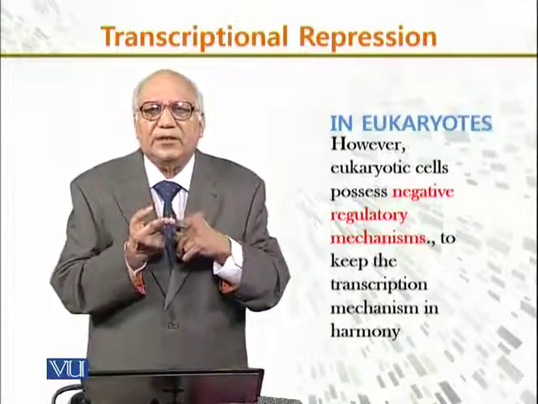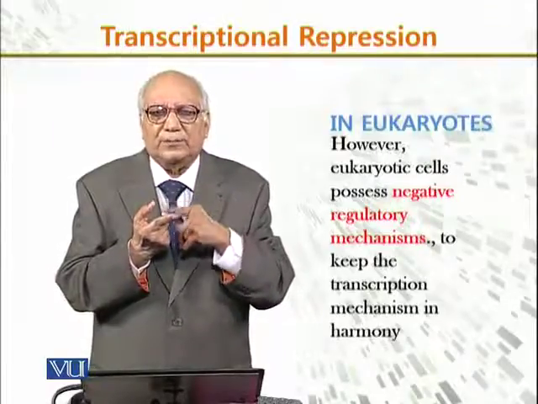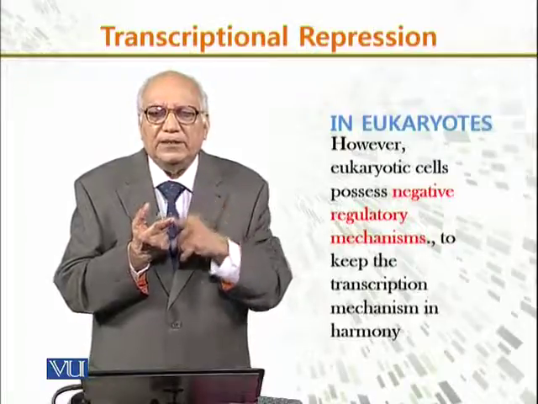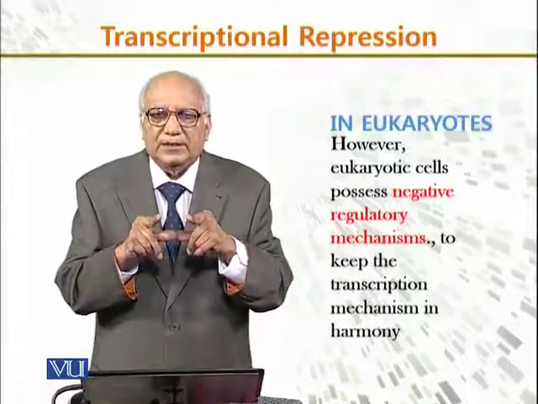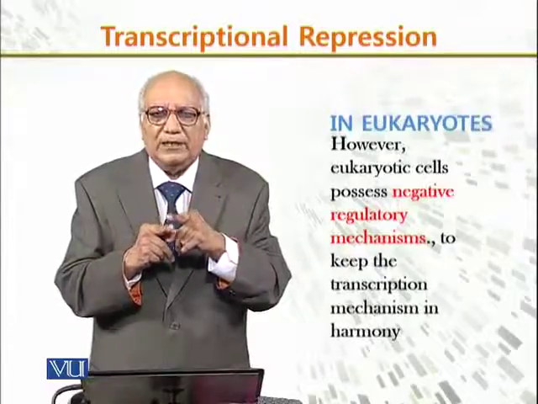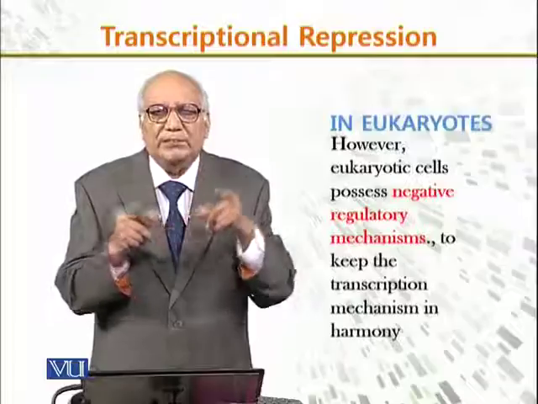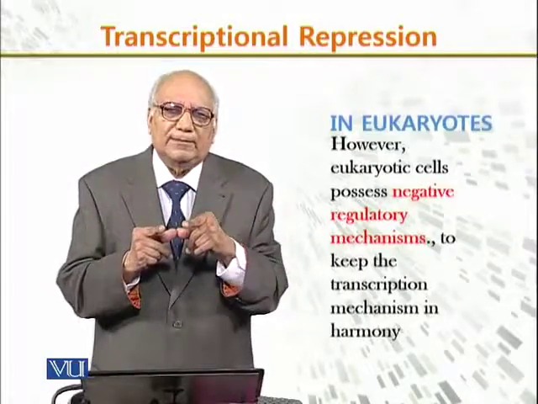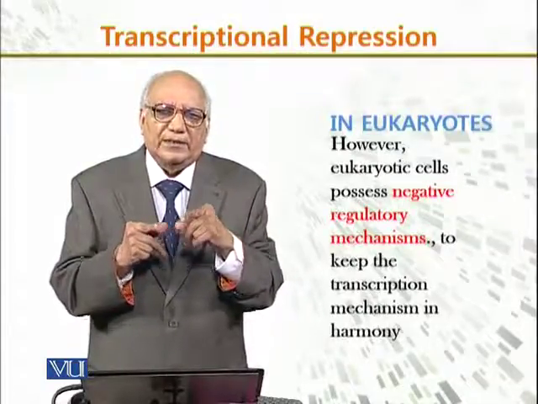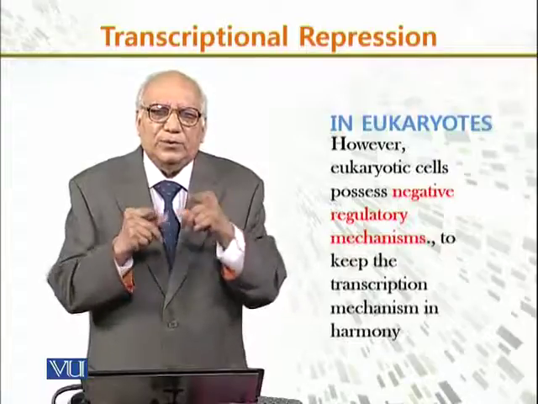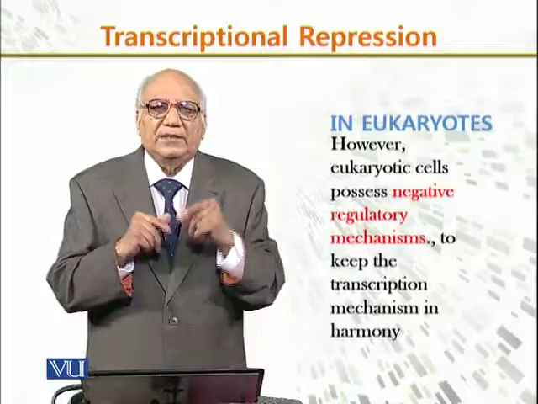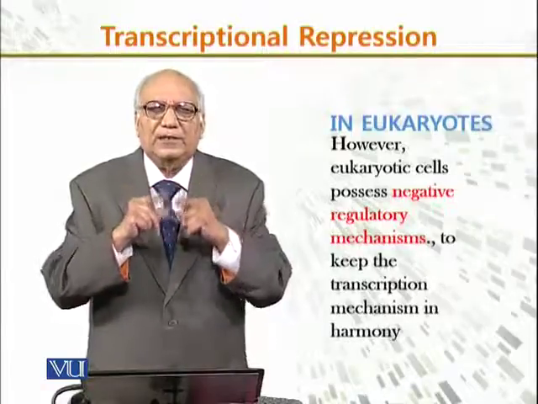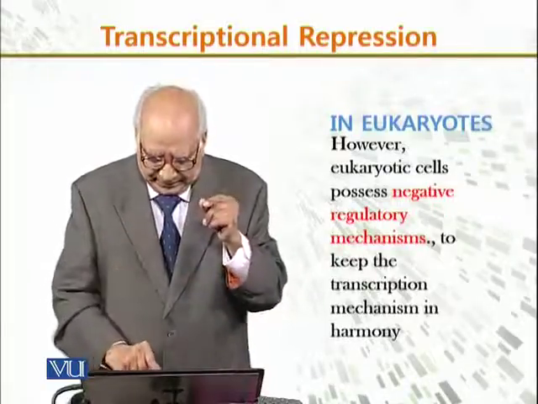That is, they have got a negative transcription mechanism which keeps transcription in harmony. पहले में क्या है प्रोकार्योट में? That the proteins bind to the nearby DNA, to control or to inhibit the transcription of a nearby gene.